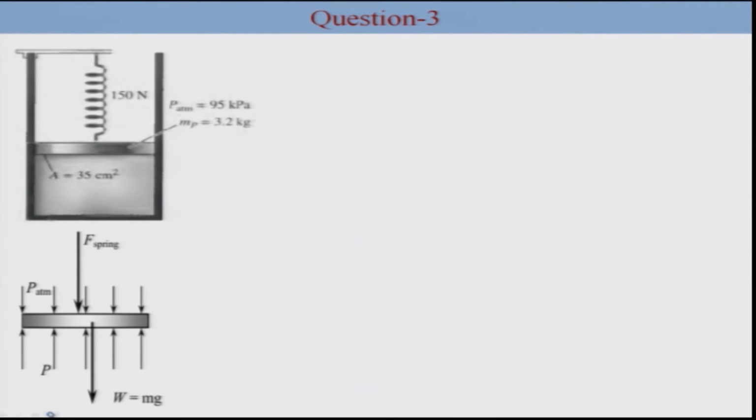So, the force balance is P, which is this upward pressure. P multiplied by area is the force acting upward. This is equal to all the forces acting downward.